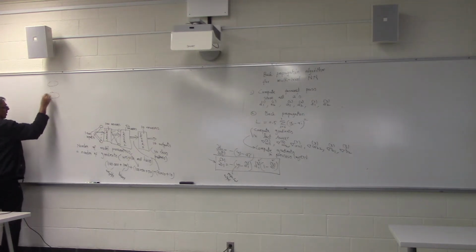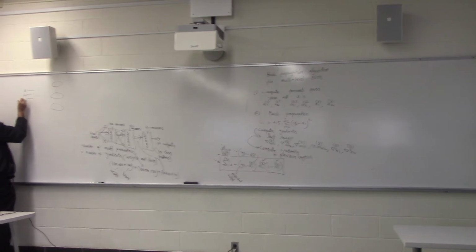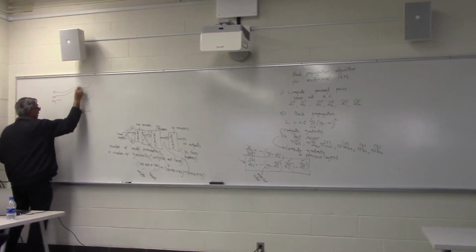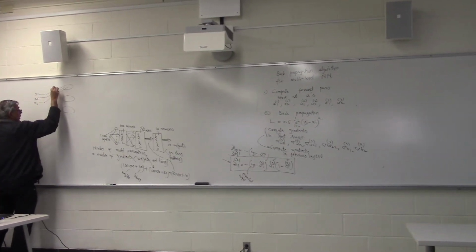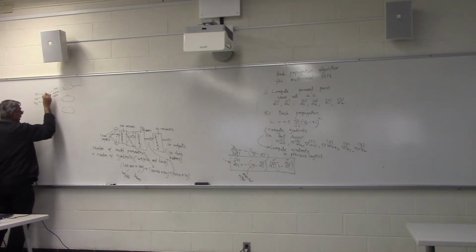We put 3 neurons. I think we had 3 inputs perhaps, x1, x2, x3, right? All 3 go over here, so this will be W11, W12, W13, right?